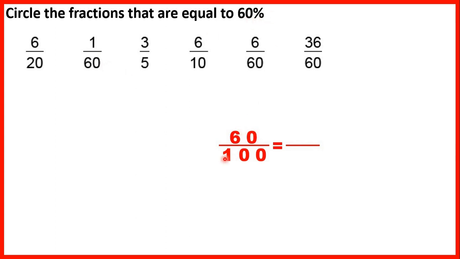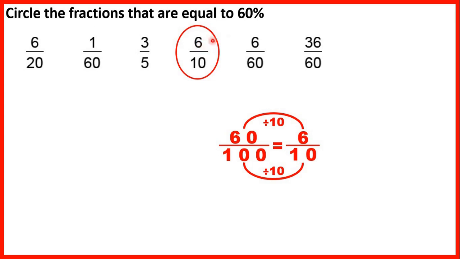So 60 and 100 are both in the 10 times table. So if we divide both the numerator and the denominator by 10, we get 6 tenths. So 6 tenths is the same as 60%, because it's equivalent to 60 hundredths.